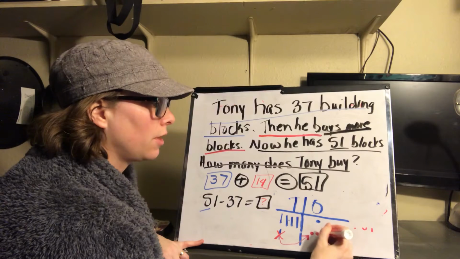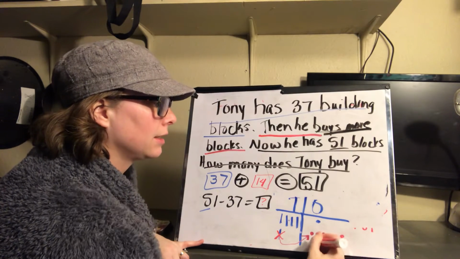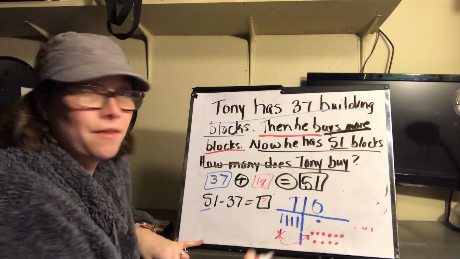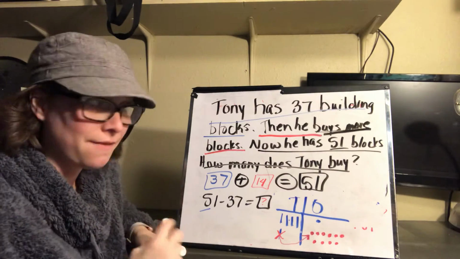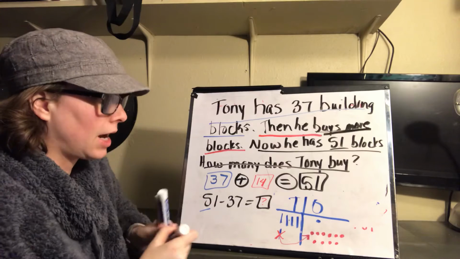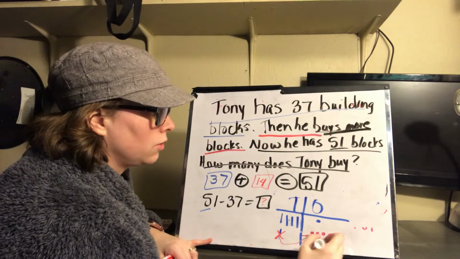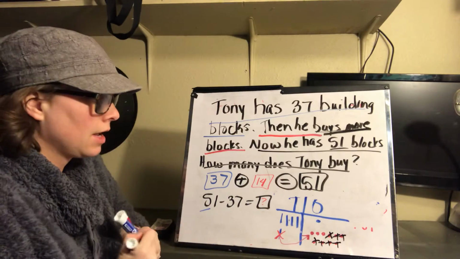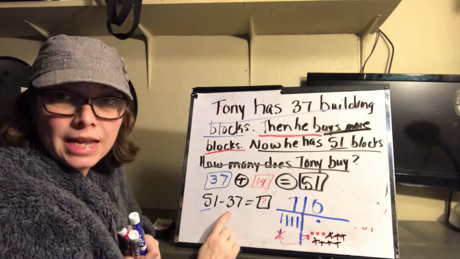1, 2, 3, 4, 5, 6, 7, 8, 9, 10. Now I have enough to take away 7 ones. And I can take away 1, 2, 3, 4, 5, 6, 7. And now I need to take away 3 tens.